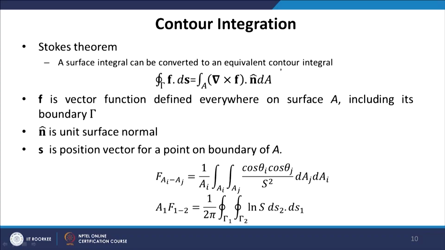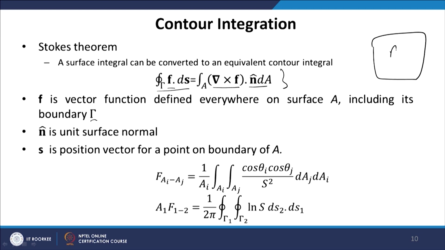So, the Stokes theorem is given by this. Let us say we have f, a vector function which is defined on surface A, including the boundary gamma, okay. The Stokes theorem says that the surface integral of the curl of f dotted with the area vector and integrated over the surface is equal to the function f evaluated using the line integral over the path around the surface.